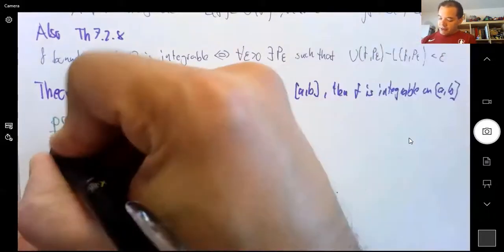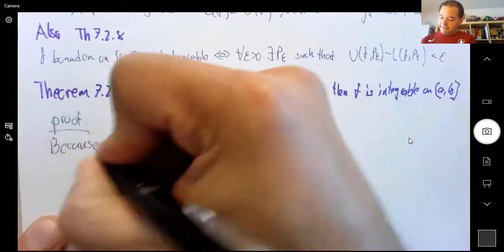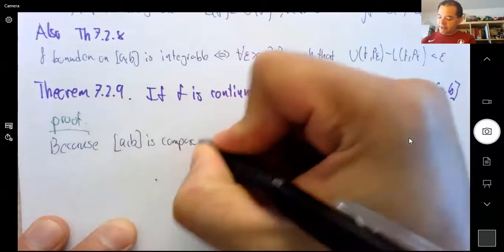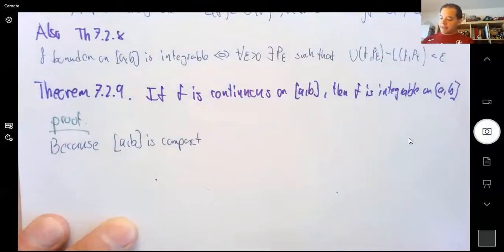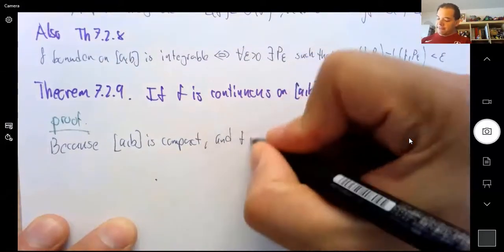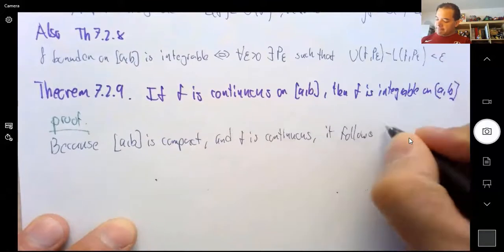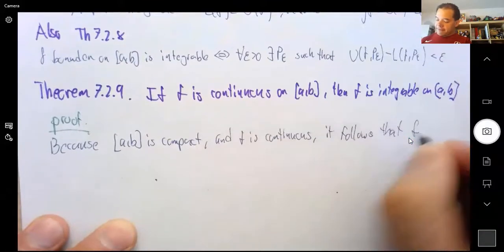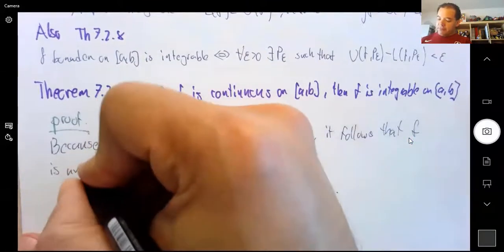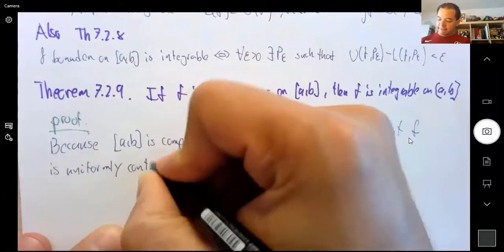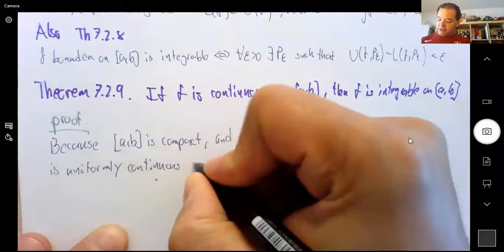So because AB is compact, right? It's closed and it's bounded, obviously, and f is continuous, it follows that f is uniformly continuous on AB.